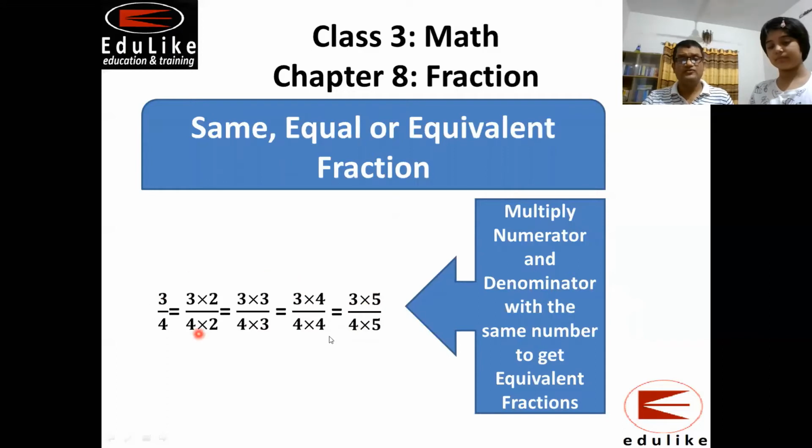These all 5 fractions are same, equal, or equivalent to each other. Multiply numerator and denominator with the same number to get equivalent fractions.